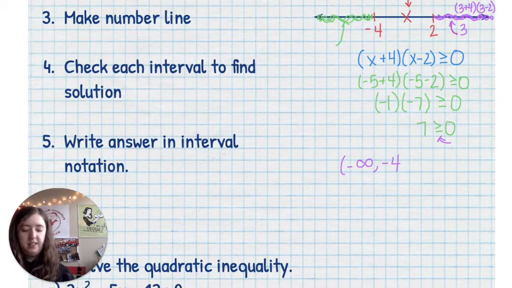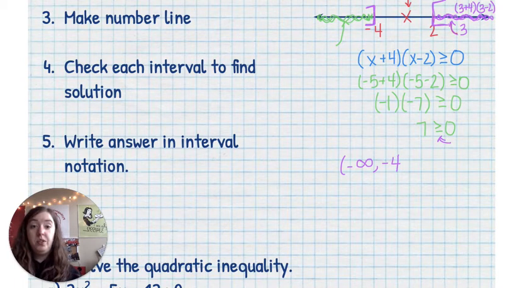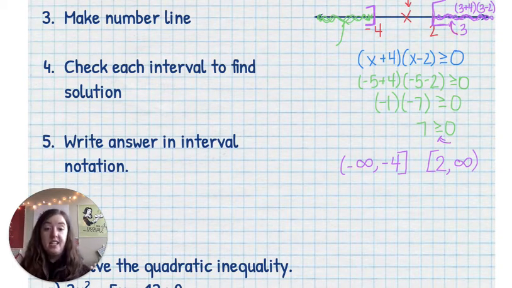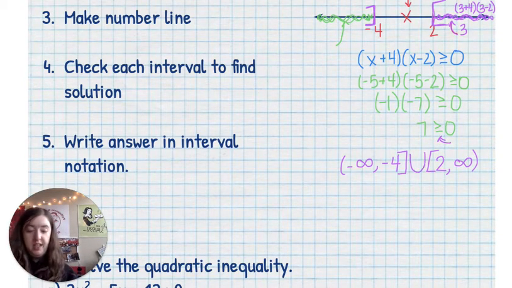So that means we need to have square brackets on negative 4 and positive 2, since my inequality is or equal to. So from negative infinity till negative 4, and then I'll put a square bracket. I don't have anything between negative 4 and positive 2, but then I have more values starting at positive 2 to infinity. Since I want to put those two sets together, I'm going to put a union in between.